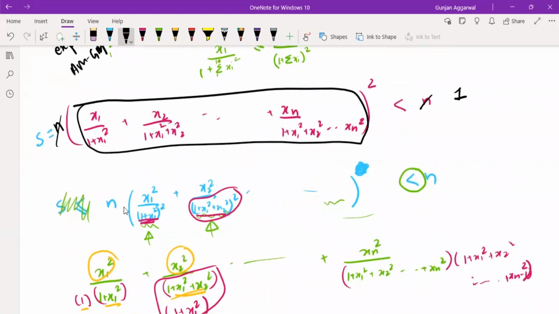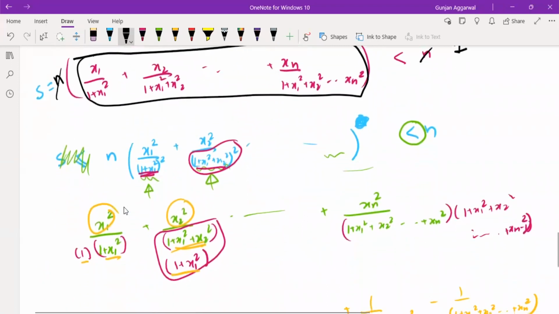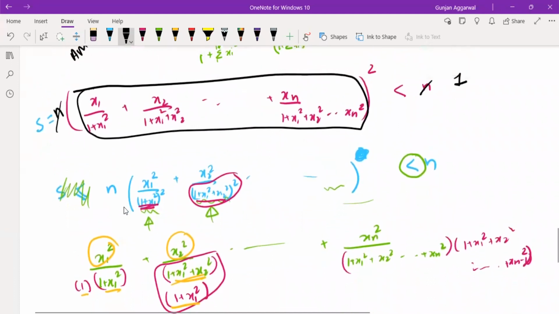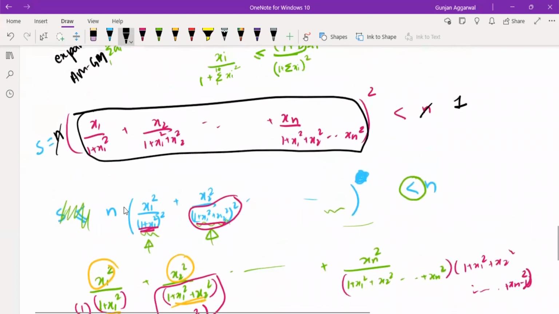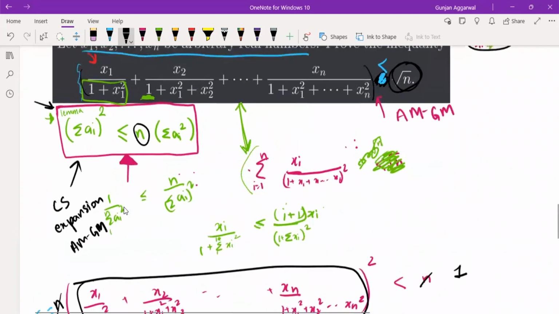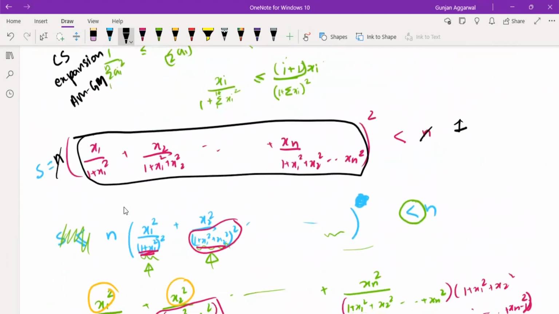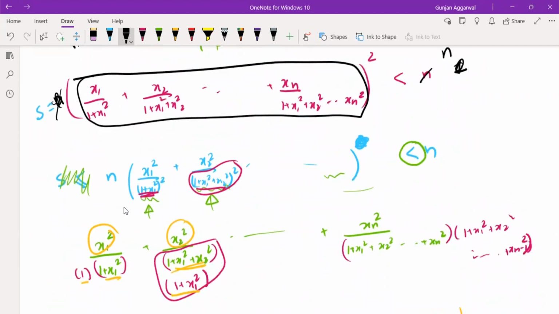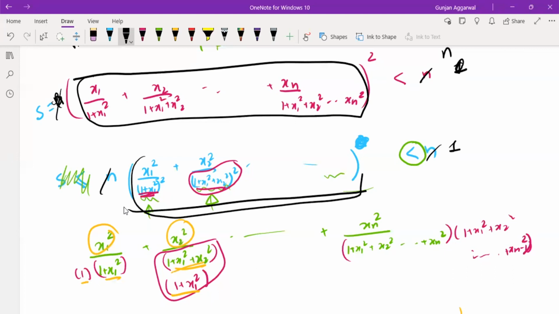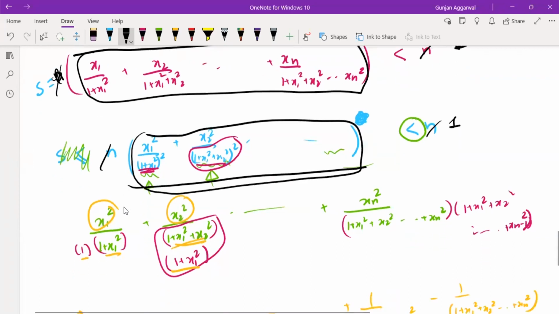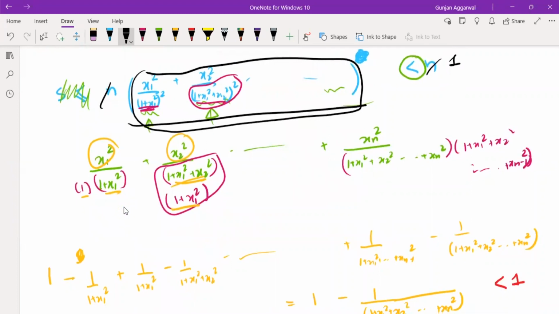So we need to prove that this thing is less than 1. This was the original thing, sorry. So using the lemma, we get this thing should be strictly less than n. So we cancel the n's and we have to prove the thing in the bracket is less than 1.